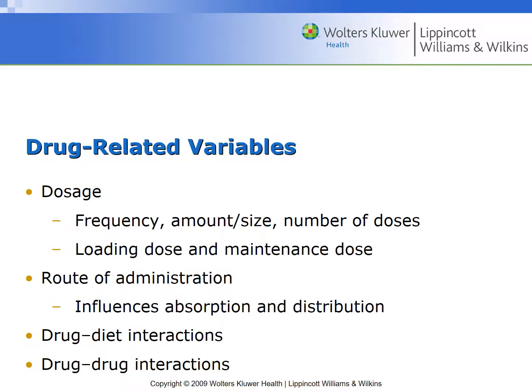Now, let's talk about drug-related variables. First, let's talk about dosage. When we think about dosage, hopefully you've noticed that not all medicines have the same dosage, and this can be confusing to patients. I've had patients say this to me a lot.